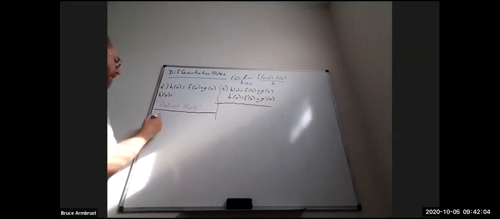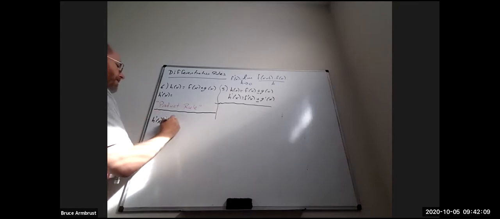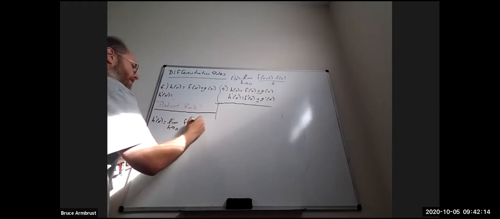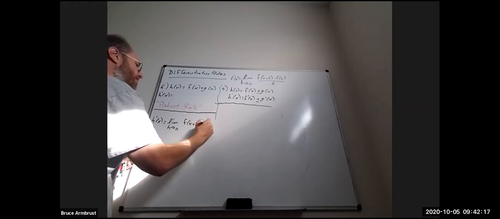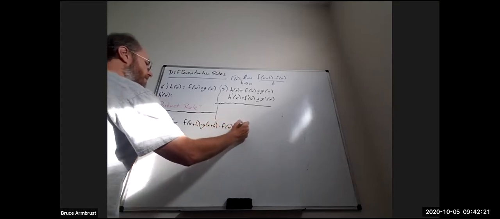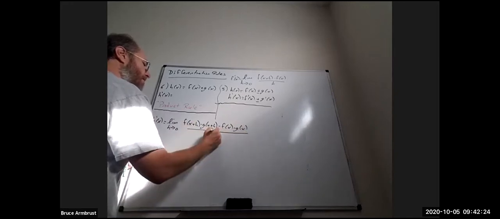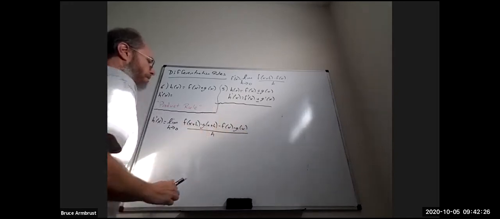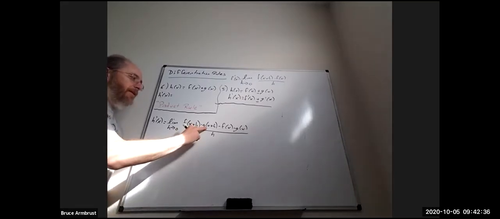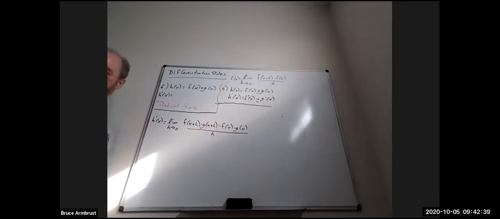So we're going to get h prime of x is going to be the limit as h goes to 0 of f of x plus h times g of x plus h minus f of x times g of x, all divided by h. Right, because it's a product, f times g, so go ahead and just put those in there.